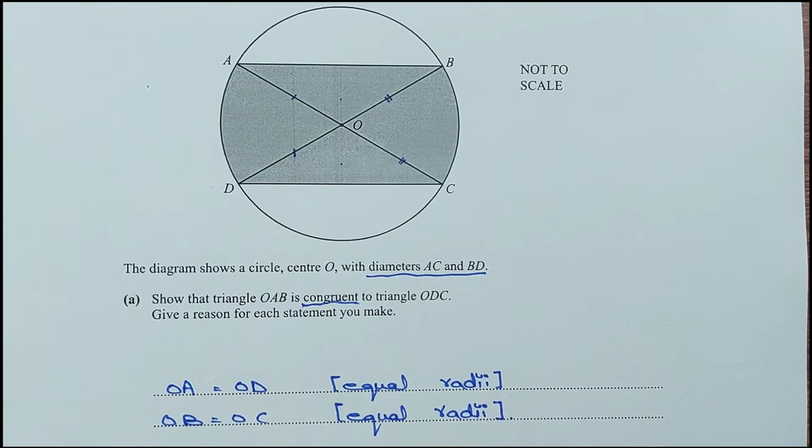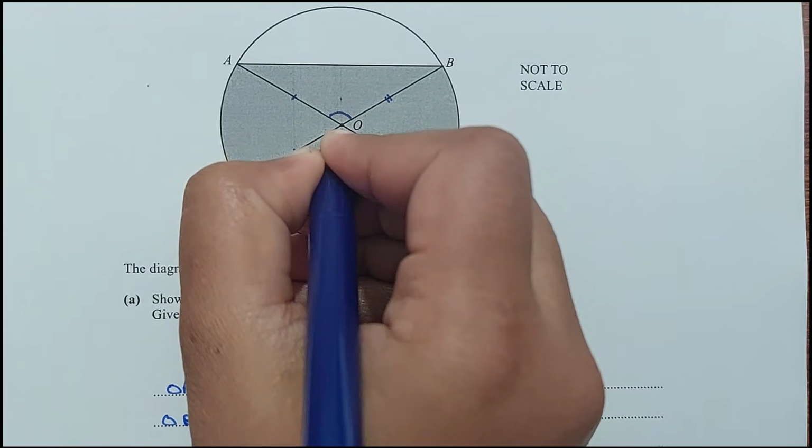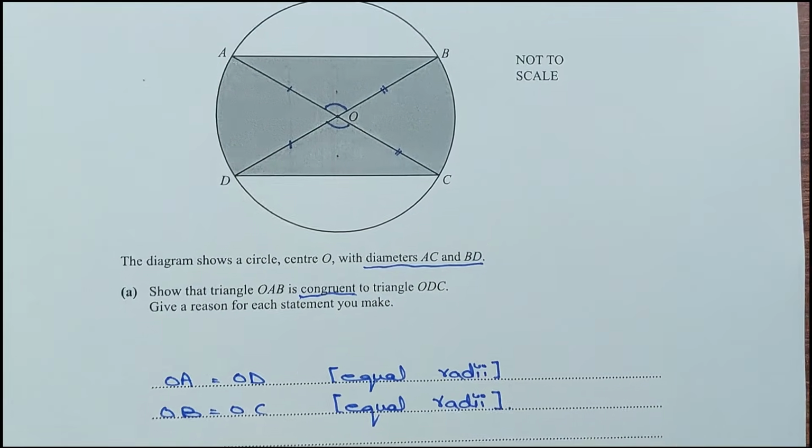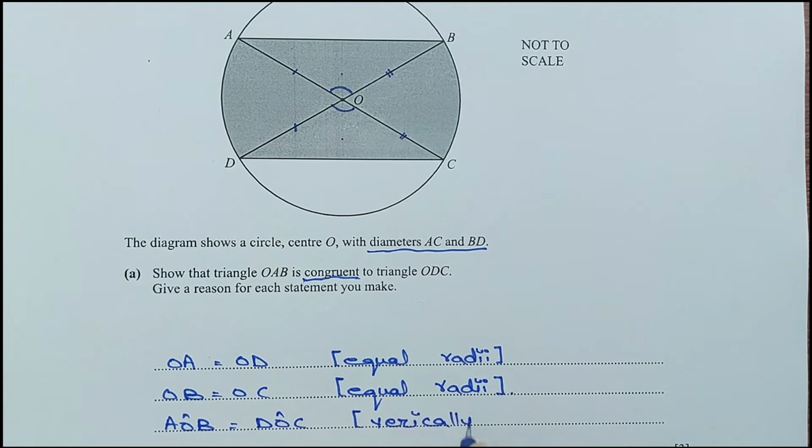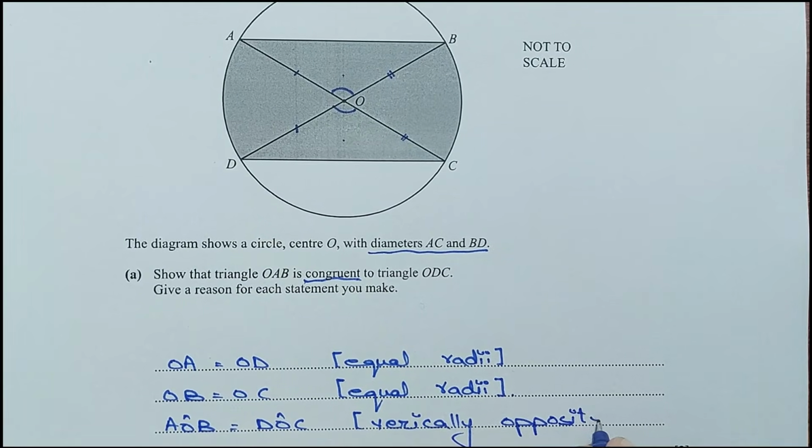Right. Okay, now the next thing left is the angle. So these are two vertically opposite angles. They are equal. So we can say angle AOB equals angle DOC, vertically opposite angles. Vertically opposite angles are equal.